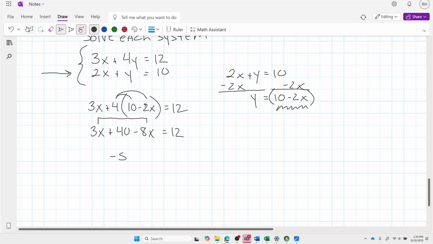Negative 5x plus 40 equals 12, and subtract 40 from each side. And negative 5x is equal to, what's 12 minus 40?